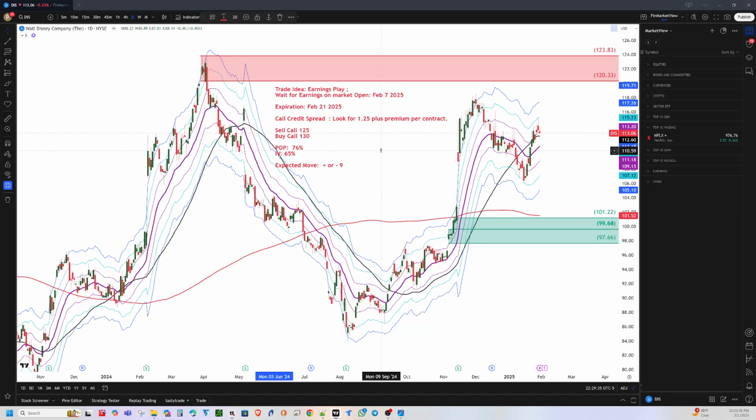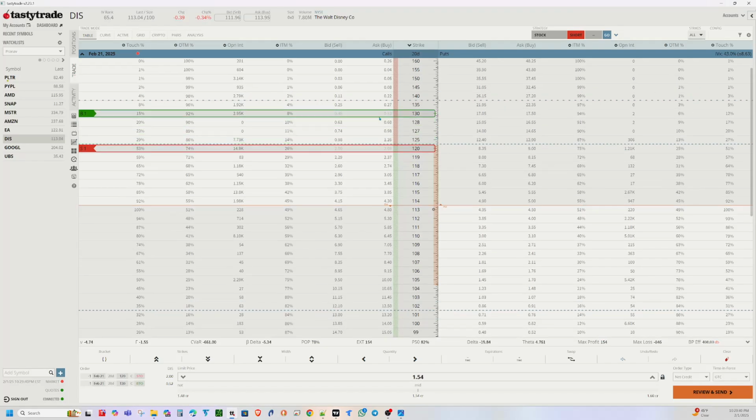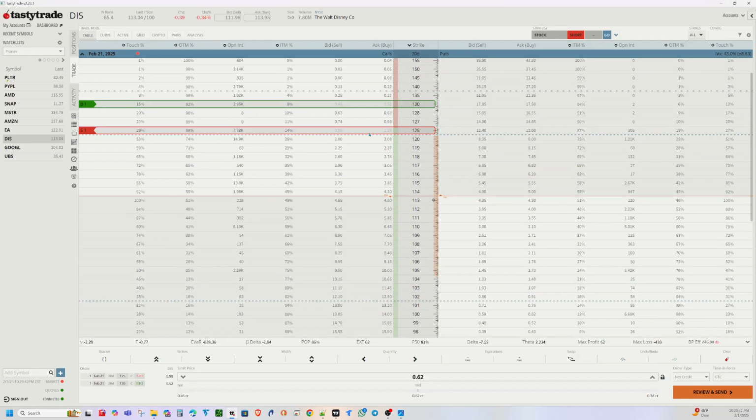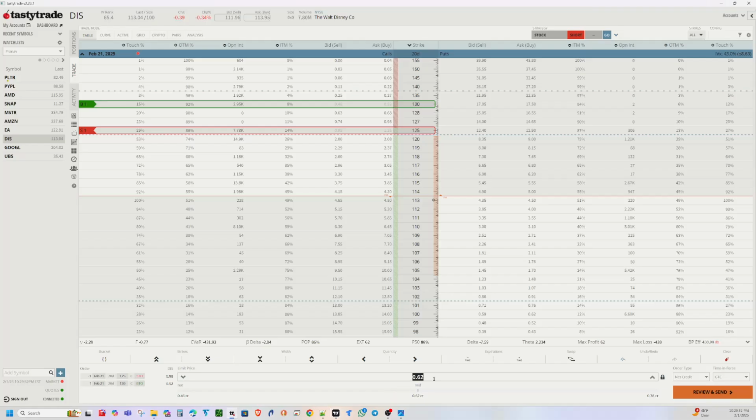Right now it's offering 62 cents, but if the price gaps up to the 120 area, this premium becomes at least $50 or $35 when the market is in full swing.